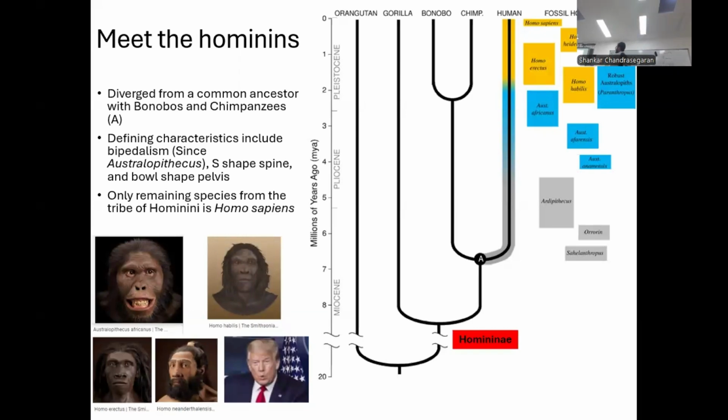So meet the hominins. Basically, hominins are a family that diverged from a common ancestor with bonobos and chimpanzees. So at this point, we have the hominins diverging from the chimps and bonobos and becoming a family on their own. And in this family, we have a lot of different species emerging, and only at the very end did Homo sapiens evolve.